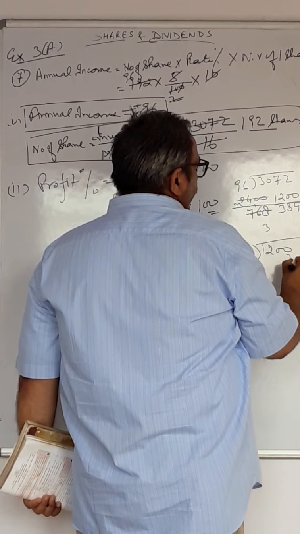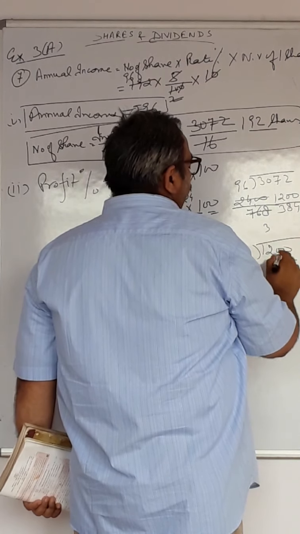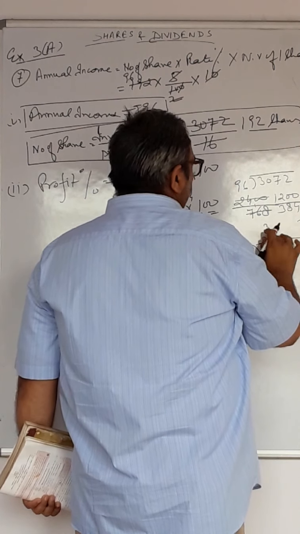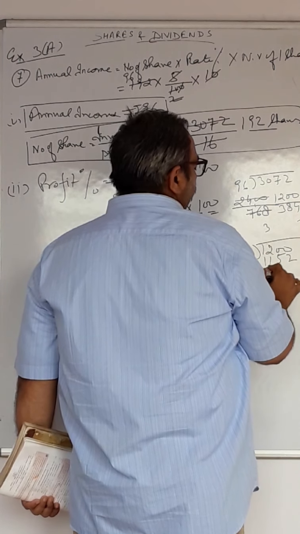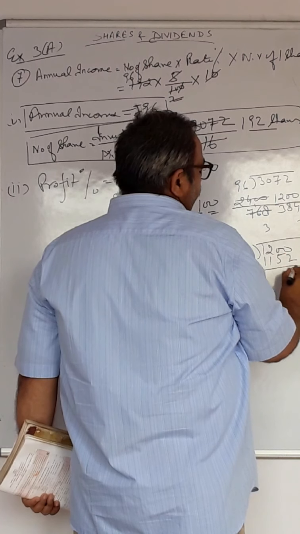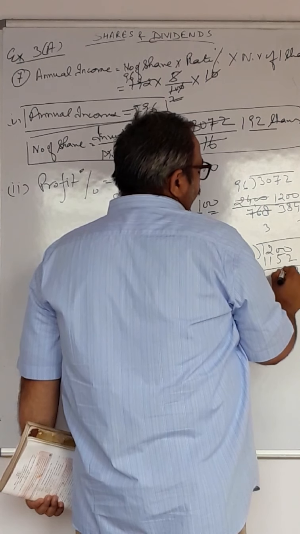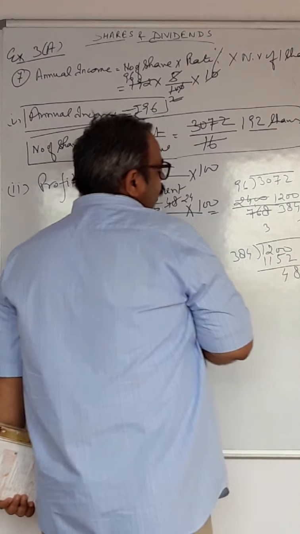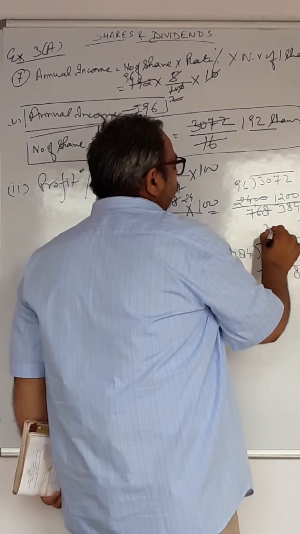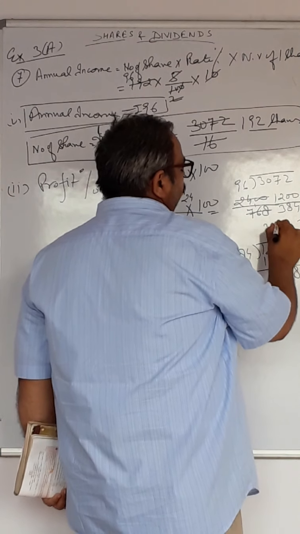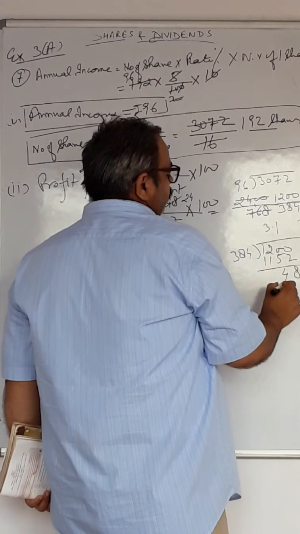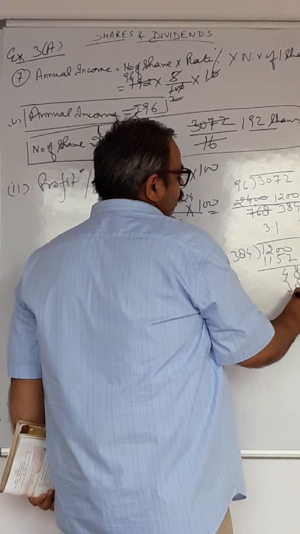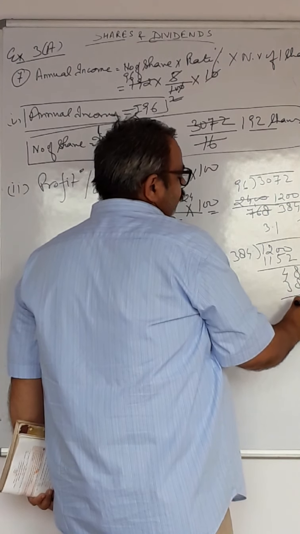3 4s are 12, carry over 1. 3 8s are 24 plus 1 is 25, carry over 2. 3 3s are 9 plus 2 is 11. 10 minus 2, 8. 9 minus 5, 4. 48. Point. 1 time 384. 10 minus 4, 6.